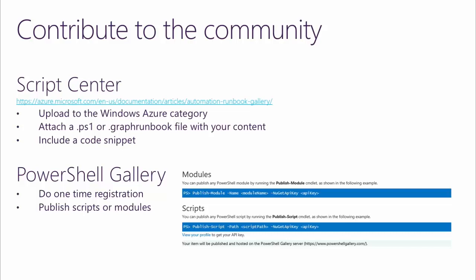Right, good point. And we'll be covering hybrid and on-prem automation later on. Yep, but then some of the other requirements are that you actually have to upload the file that you want people to use. So it has to have either the graphical runbook or the PowerShell script attached to it. And then you also have to include a code snippet in the upload as well. Explain to us what that means.